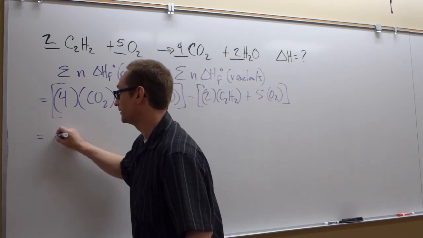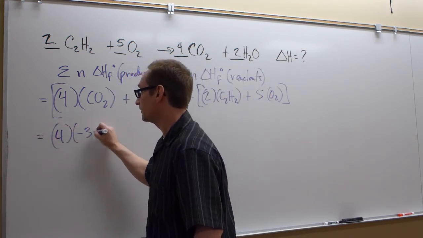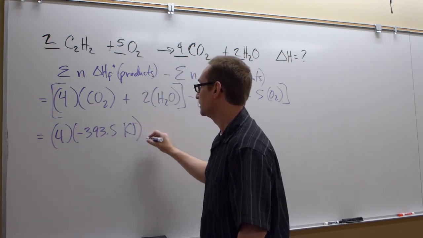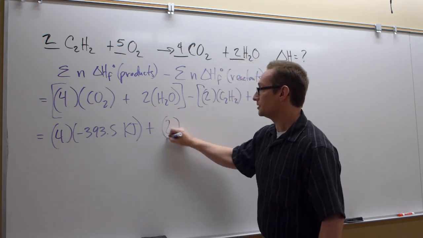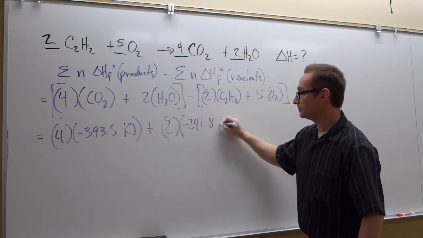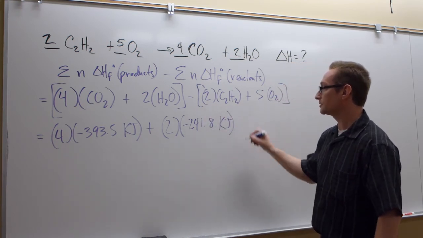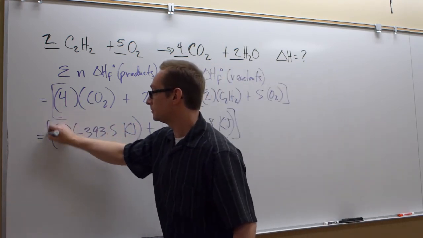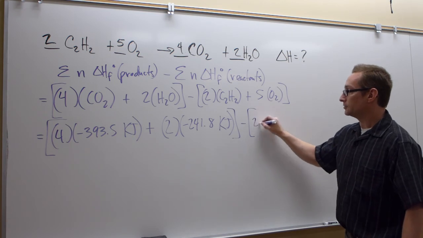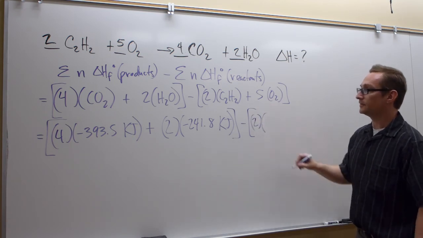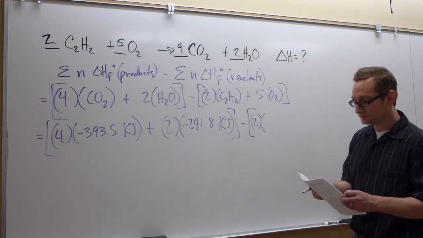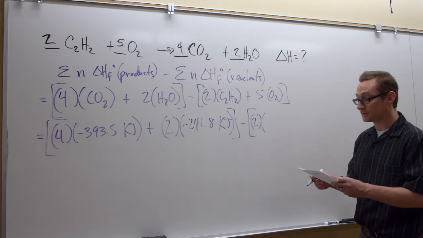Okay, so we have 4 times negative 393.5 kilojoules plus 2 times negative 241.8 kilojoules, minus 2 times the heat of formation for C2H2, which from the table is positive 227.4.